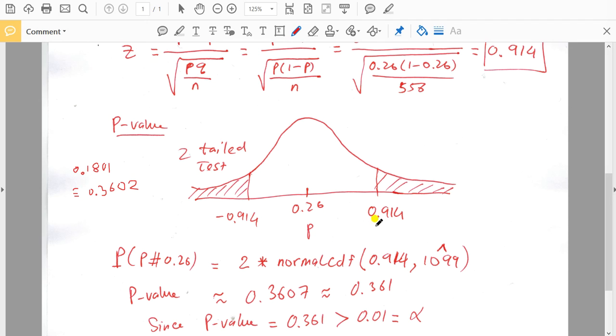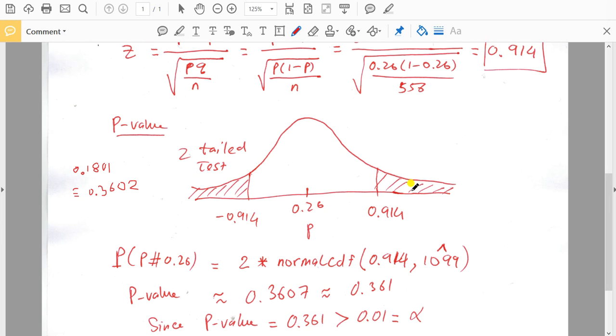and it has two inputs. The left side is the lower limit, the right side is the upper limit. So in this case, I want to find the area of this region.